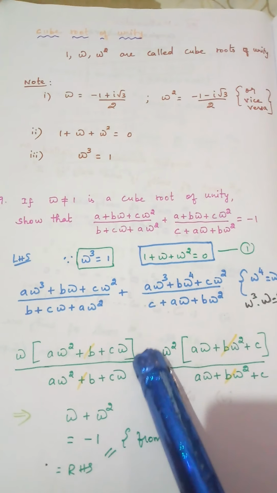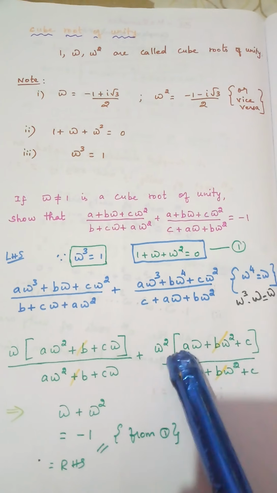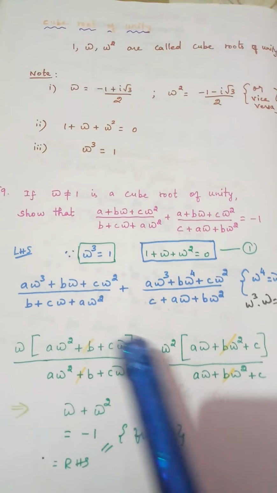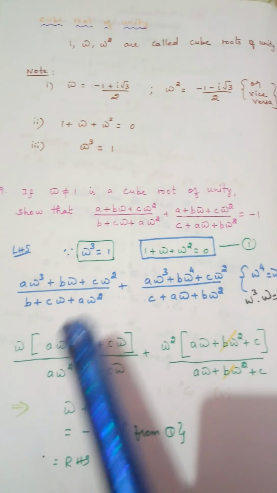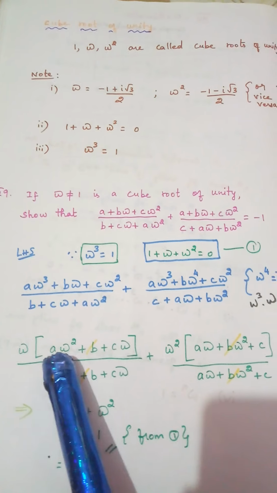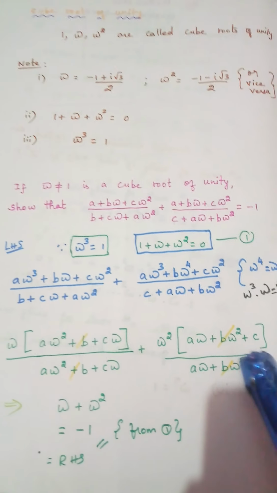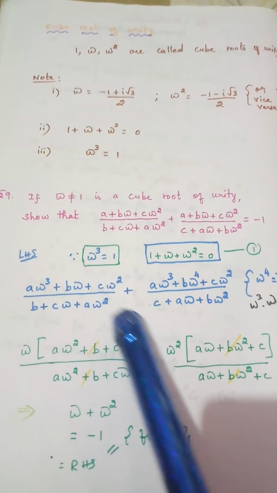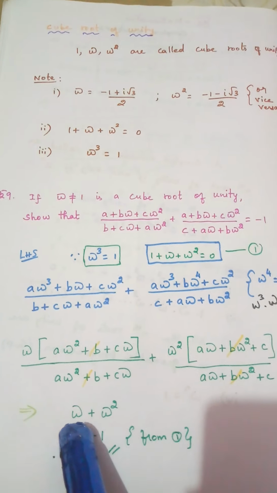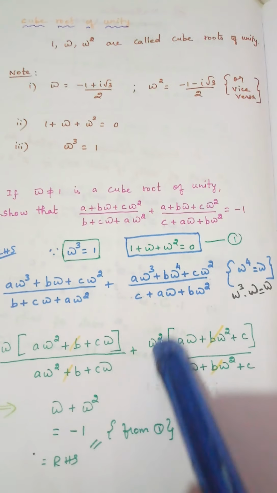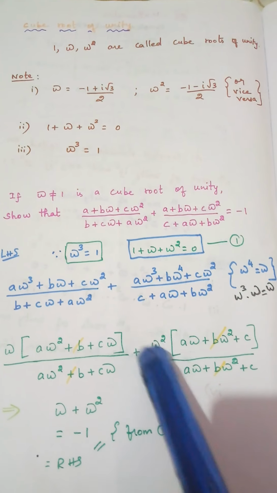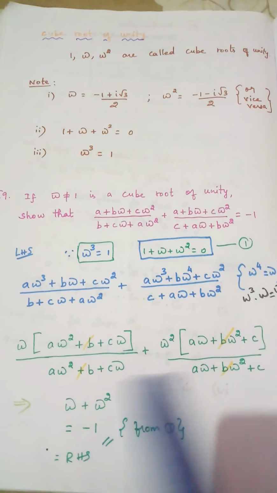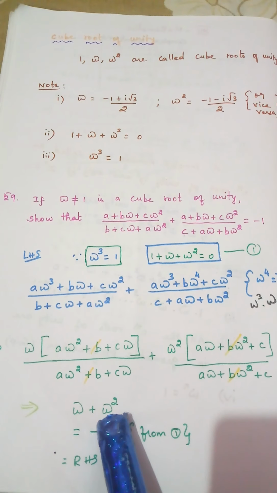So take that as common, write the remaining things, write the denominator as it is. So after doing this, we are able to cancel this and this because they both are equal. See, the terms are equal, so I can cancel. Here also the terms are equal, so again I can cancel. So in the first term only omega remains, plus in the second term again omega square alone remains, so I have written omega square here. So totally this has reduced to omega plus omega square.